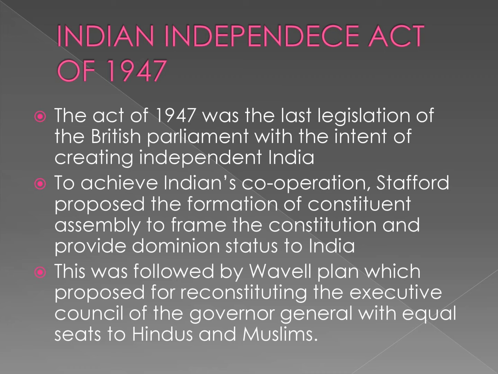They agreed to give into the hands of the people of India the formation of the Constituent Assembly to frame their own constitution, and to provide dominion status to India at the end of the war. But the Cripps proposals were rejected by both the Indian National Congress and the Muslim League.